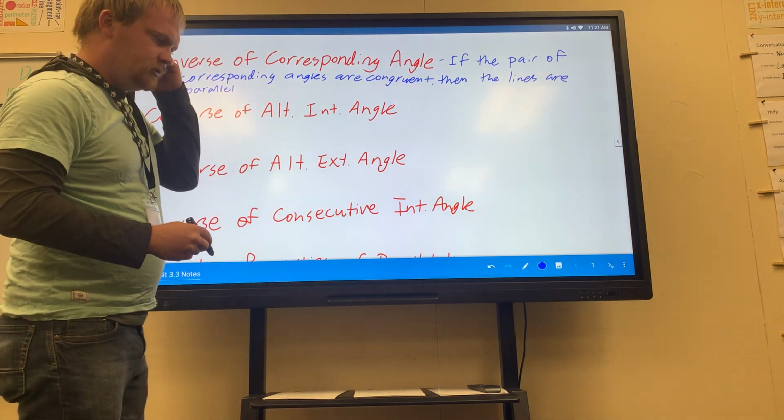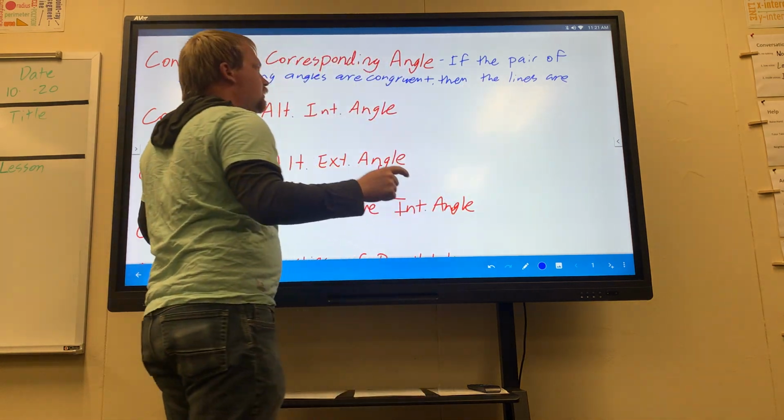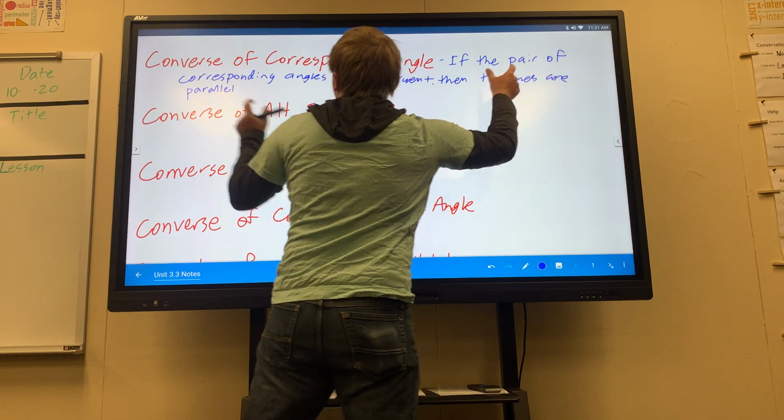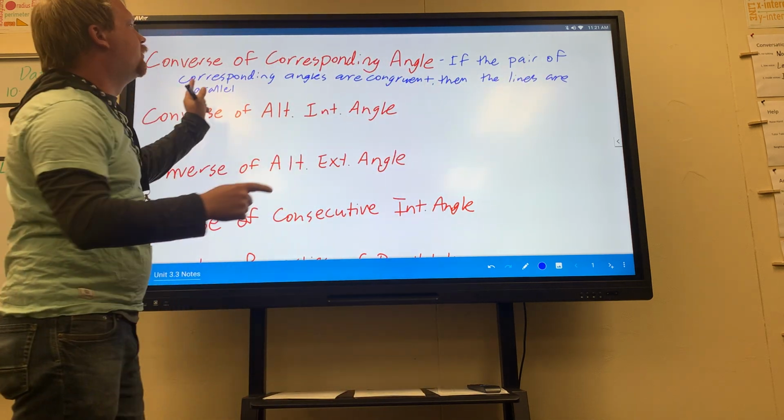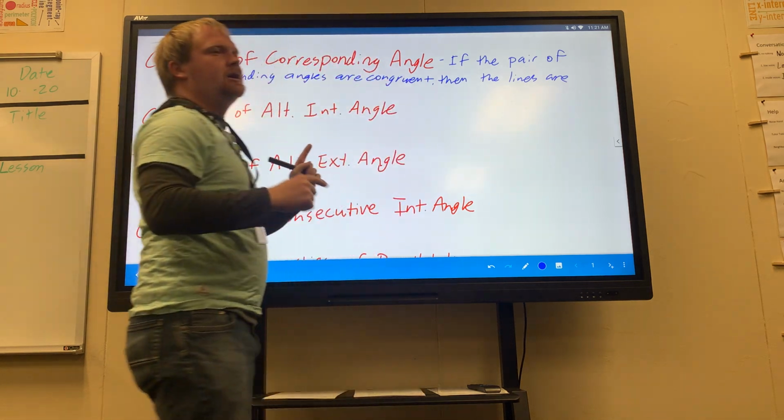Okay? So the original hypothesis was the lines are parallel, and the conclusion was the pair of corresponding angles are congruent. But this time I switched them because that's what a converse is.